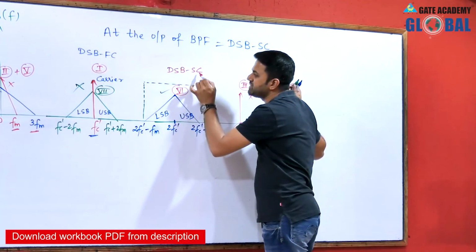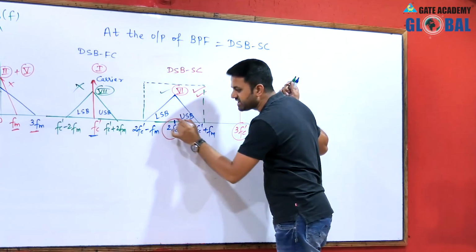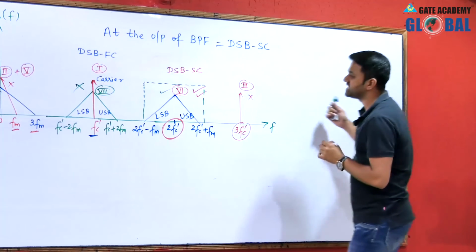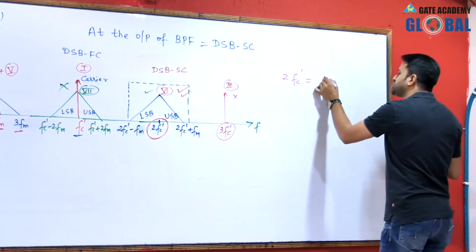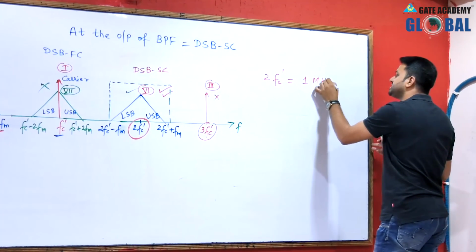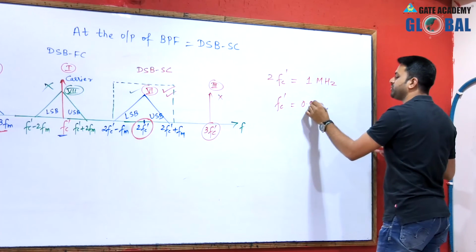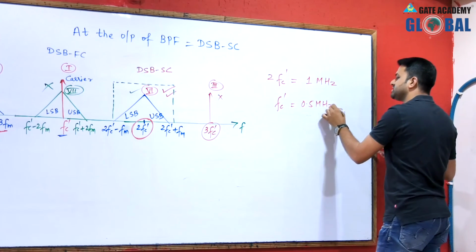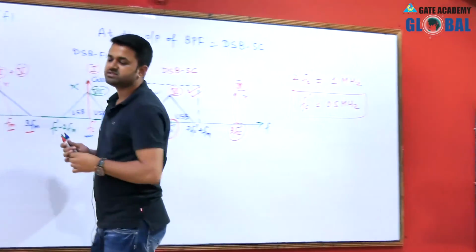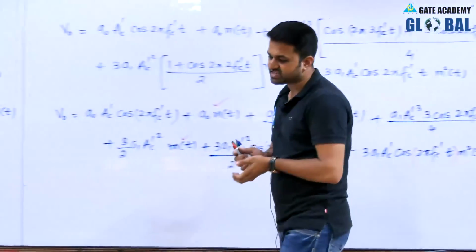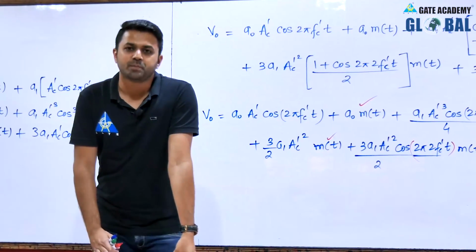The signal we have generated has center frequency 2fc dash. So 2fc dash should be equal to 1 megahertz, then fc dash equals 0.5 megahertz. So this is our desired result. We had to calculate the value of fc dash, and according to the options, the correct answer is option C.